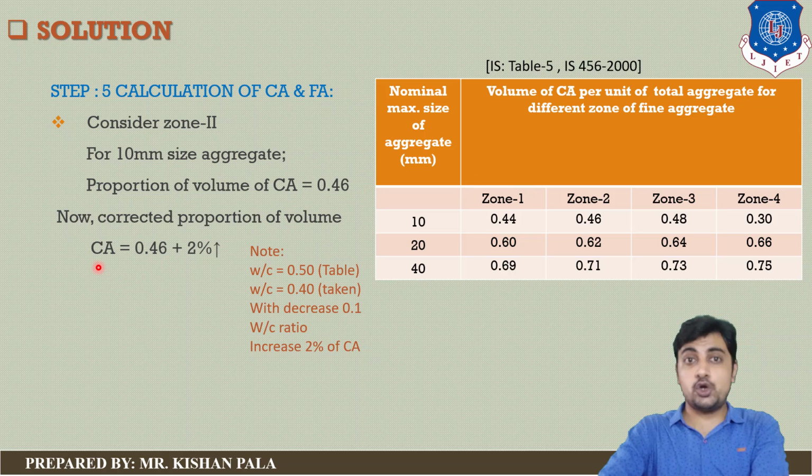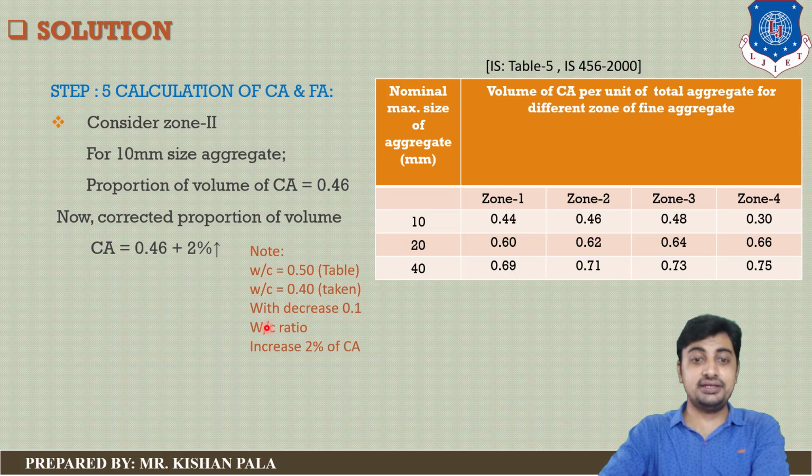For the coarse aggregate, we have taken 0.46. It means we have taken 46% coarse aggregate, but due to the water cement ratio we have to correct this volume. This table is for a water cement ratio of 0.50 and we have taken 0.40, so the difference is 0.1.